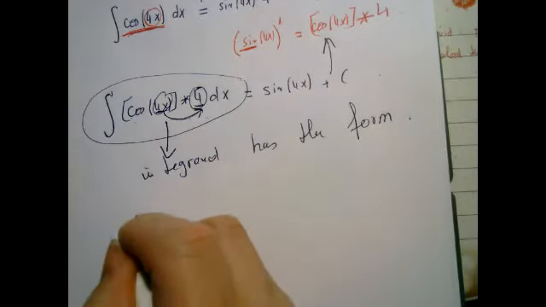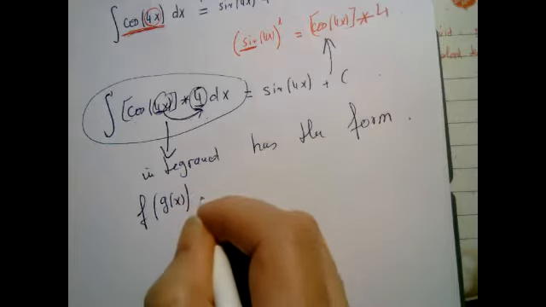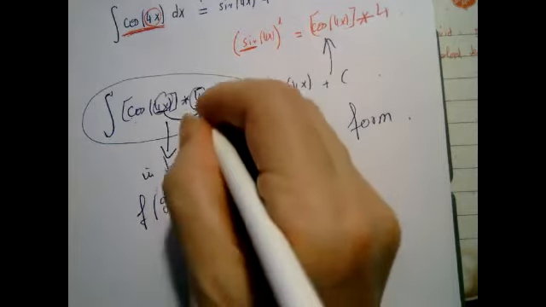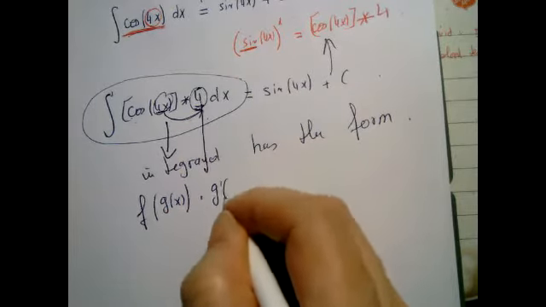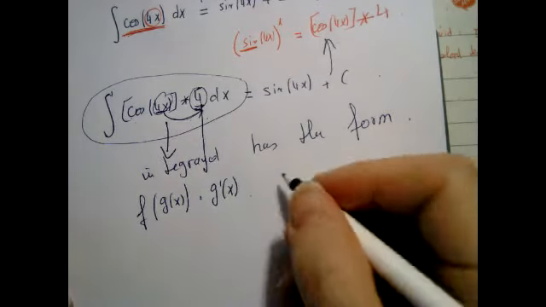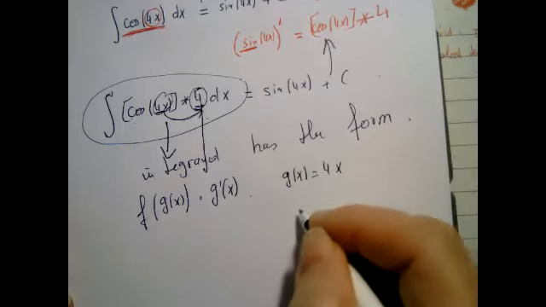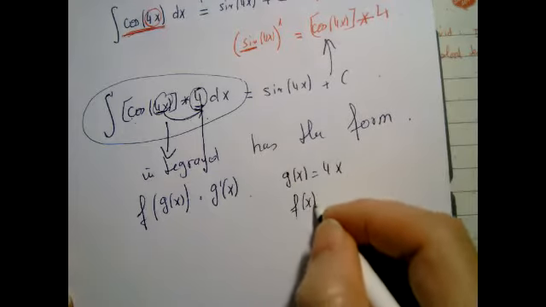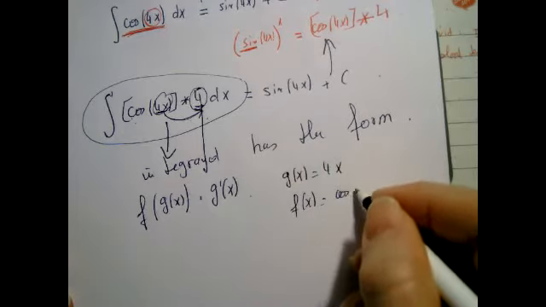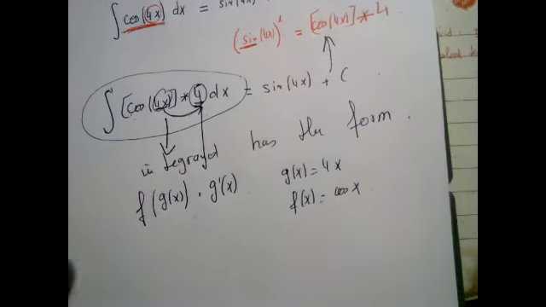So this integrand has the form f of g of x times g prime of x, where g of x is the 4x, and the outside function is the cosine function.